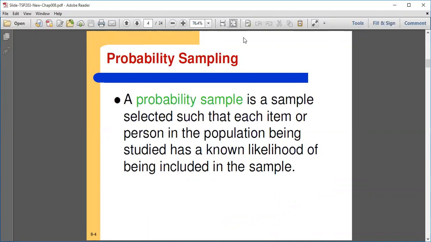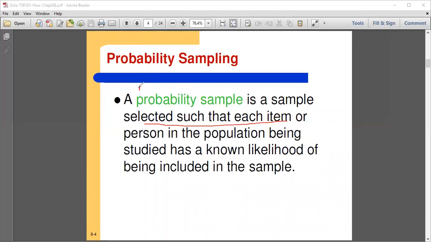So each and every item or person in a population has an equal chance of being selected in a sample.